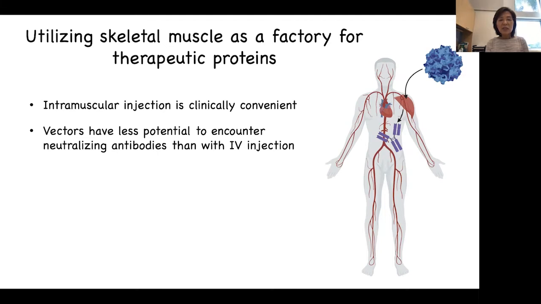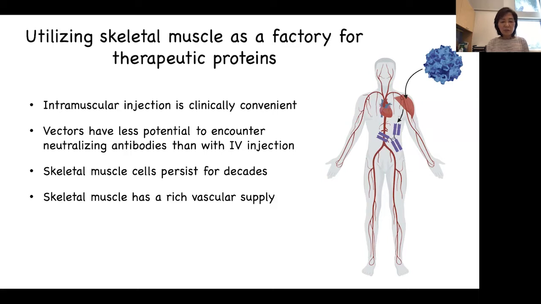So this pre-existing antibody is a very big problem for the efficiency of AAV gene therapy vectors. But if you inject intramuscularly, then you can avoid contact with some of these antibodies. And skeletal muscle lives for a long time.